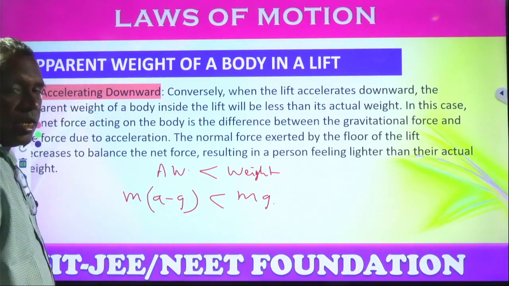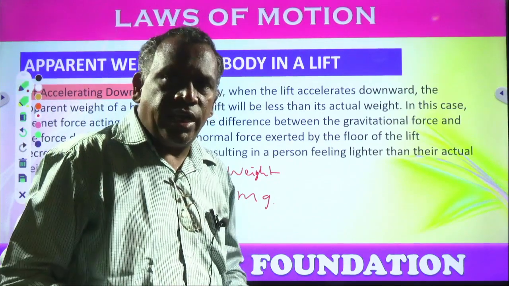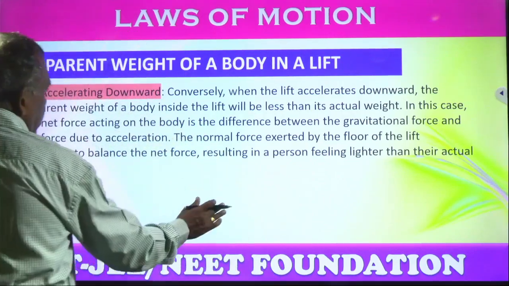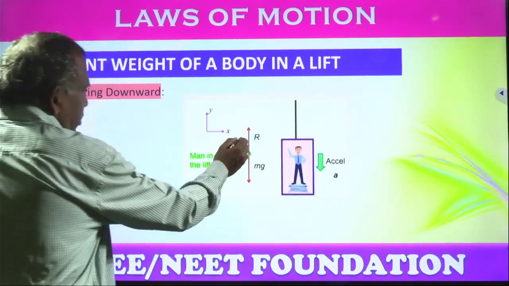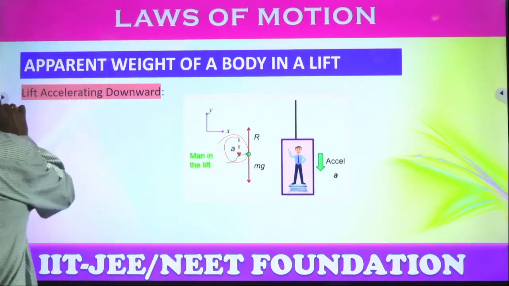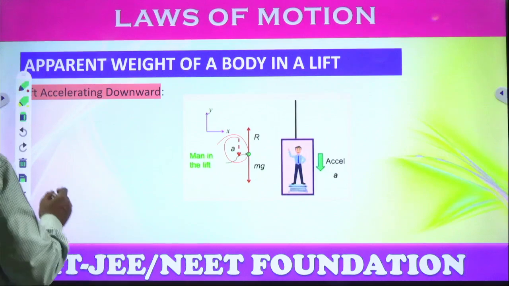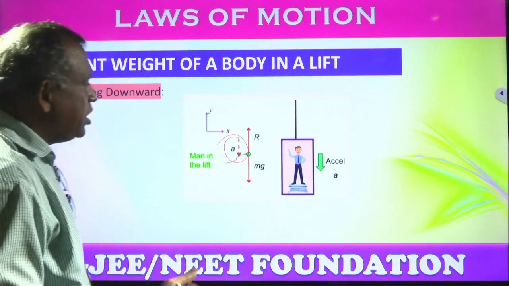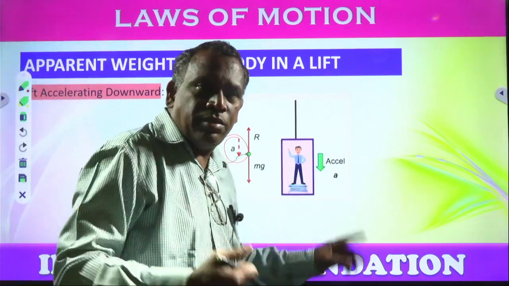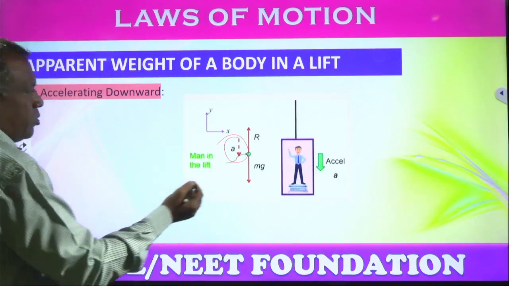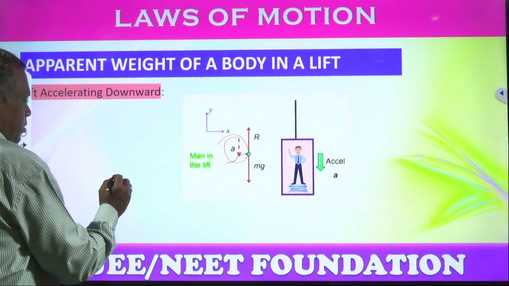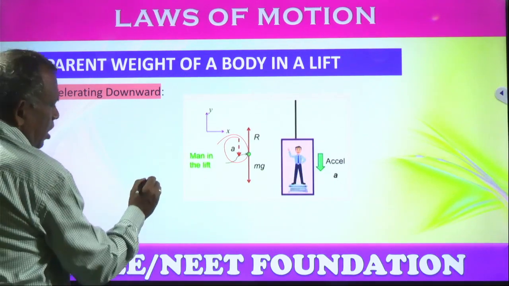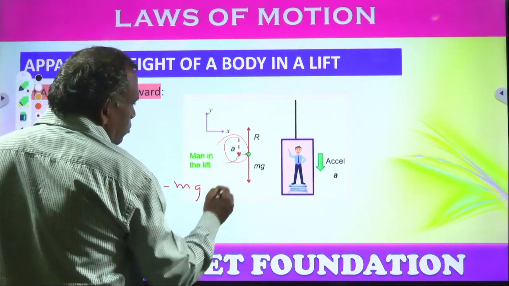If you observe carefully, the lift is moving downwards and mg is also acting downwards. So R minus mg is equal to minus ma.